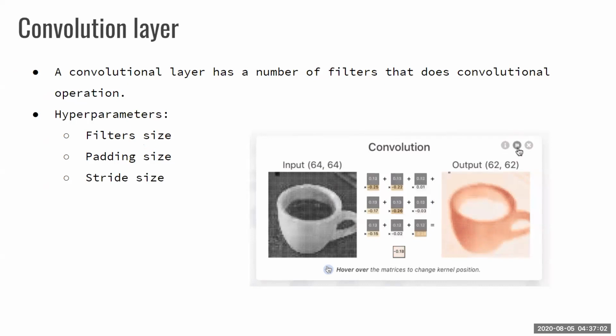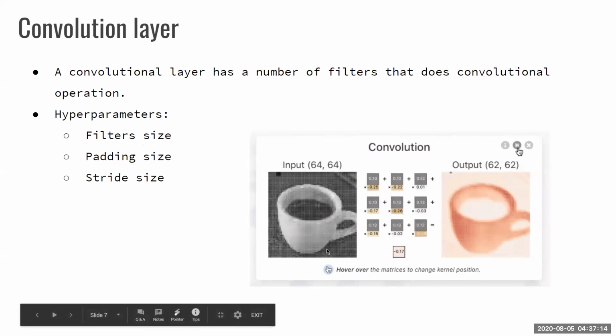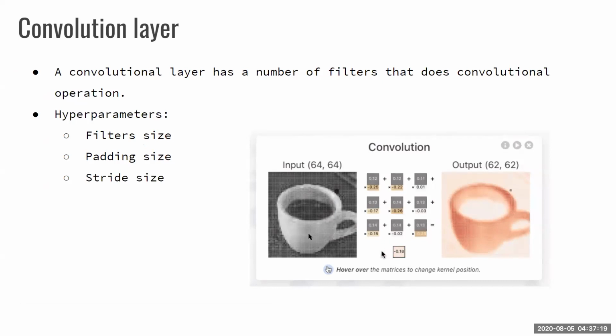So the convolutional layer basically consists of filters, and each filter extracts information and features from the image. For example, in this image, we have this filter, which is focusing on extracting the light gray color. So that's why in the heat map image, the light gray color is activated.